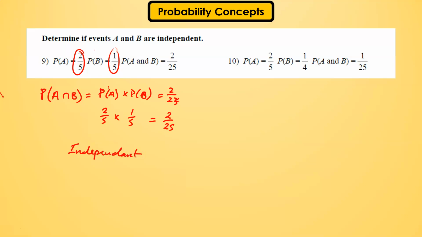Look at this scenario here, same thing again. We should be able to go 2 over 5 times a quarter. What does it equal? It equals 1/10.